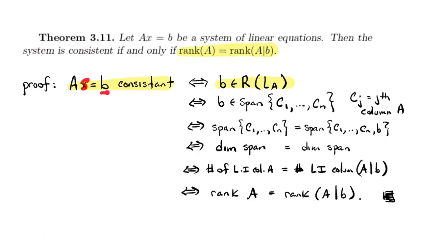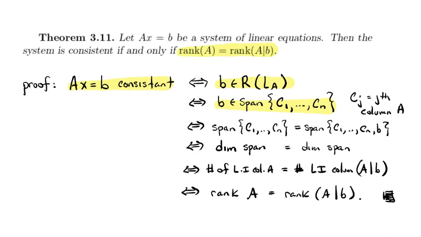So that would mean that B was in the range of that linear operator L sub A, right? But the range of the linear operator L sub A, we've seen back in chapter 2, is the span of the columns of the matrix A itself. So here Cj just denotes the jth column.